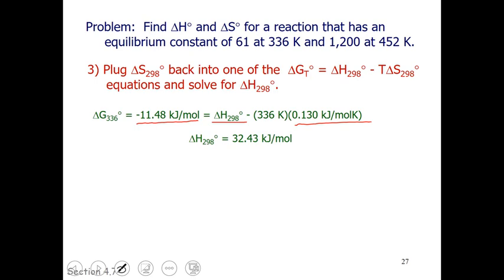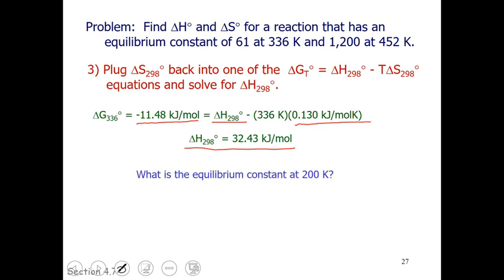And when I solve for that, I now have delta H naught at 298 as an estimate of 32.43 kilojoules per mole. I didn't have to use the equation at 336. I could have used the equation at 452. I will get the same answer either way.